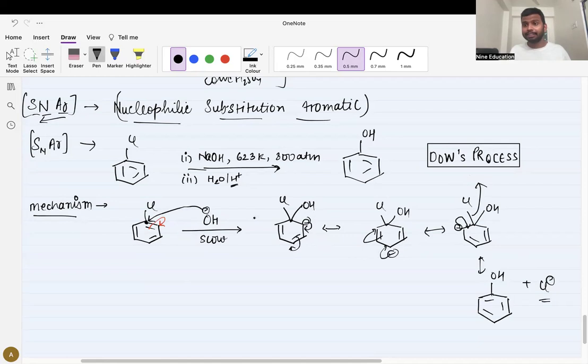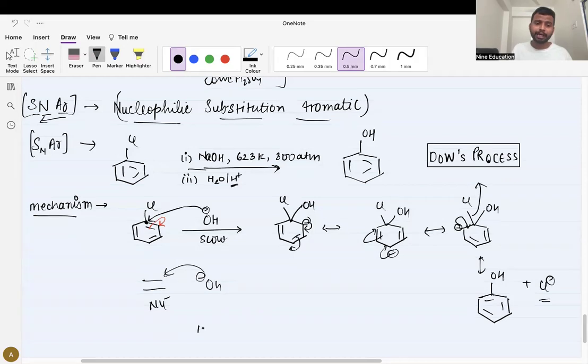See beta, this is very difficult, because OH minus is attacking an alkene. The alkene itself is nucleophilic, and OH minus is attacking it. There will be electron repulsion. It's very difficult to do. Therefore, they have given high temperature.